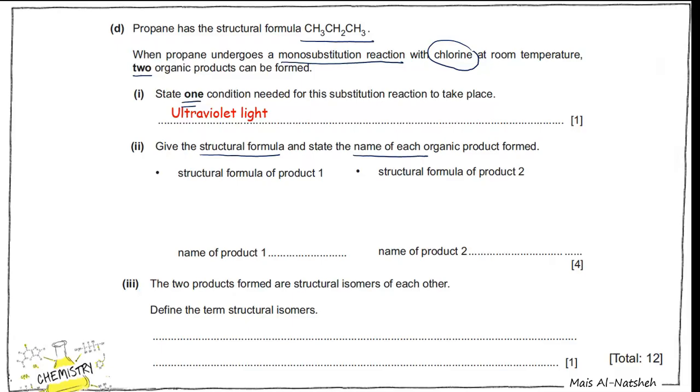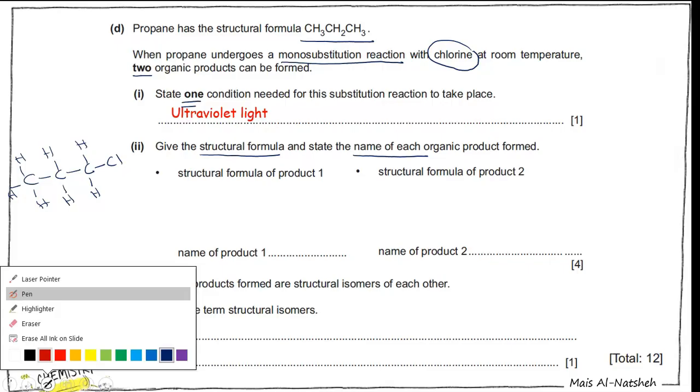Now we have propane, which has 3 carbons, and the remaining bonds are with hydrogen. Now for substitution, one of the hydrogens will be substituted with a chlorine atom. So we have 2 options. The first one is to substitute hydrogen on the first carbon by chlorine.